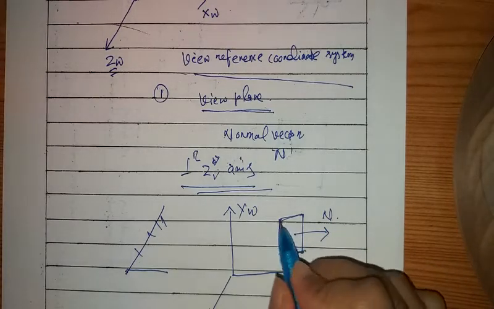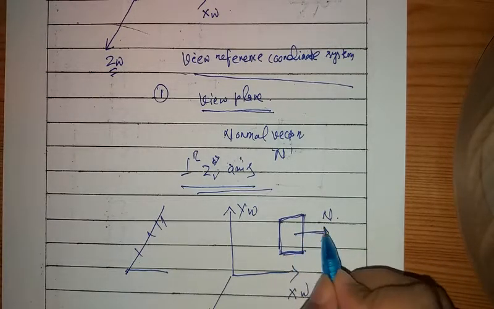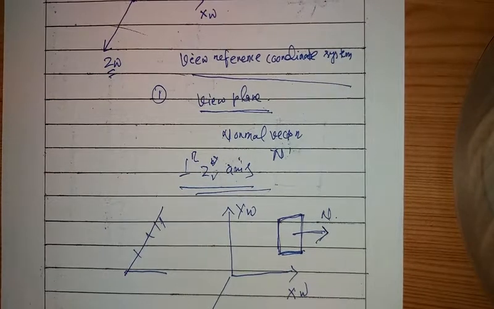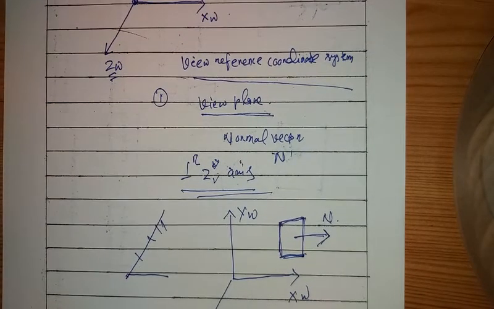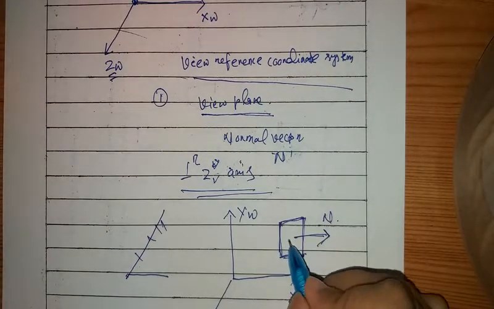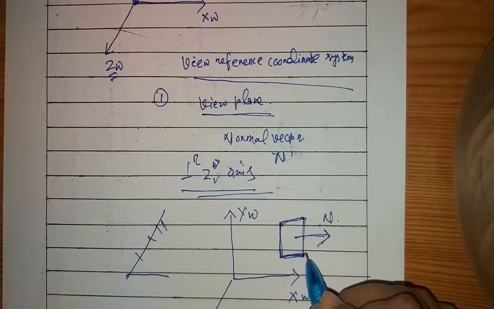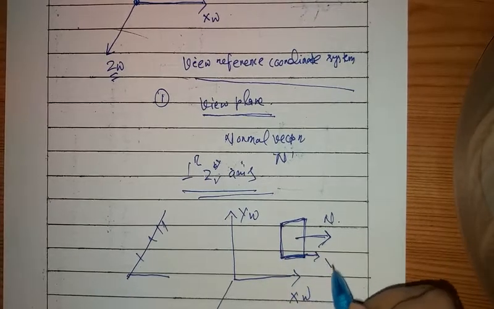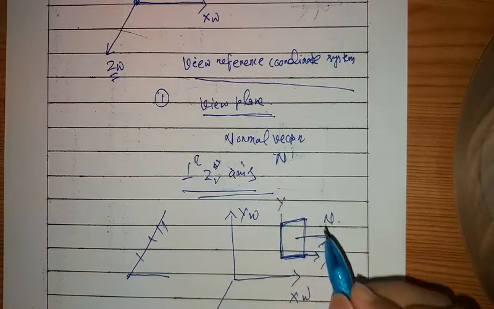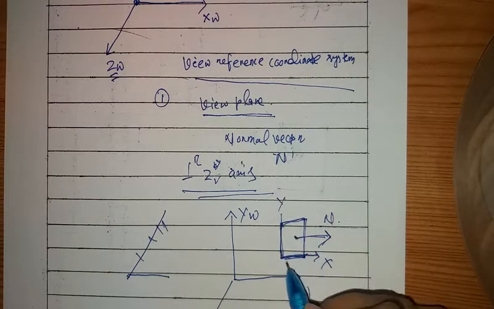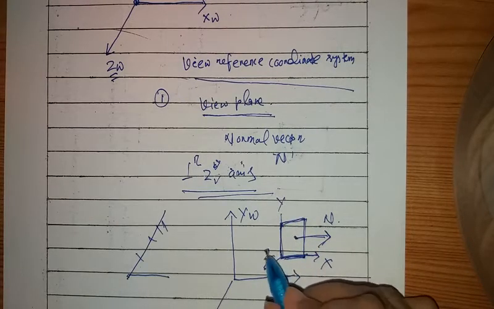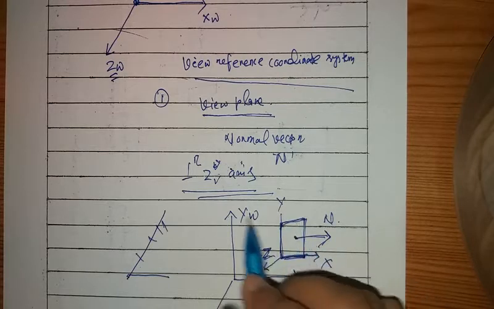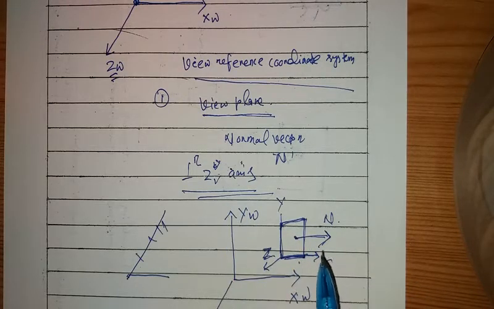This is the view plane. That is the normal vector. Now if you see this plane, suppose this is the x-axis, this is the y-axis, right? And this is the z-axis. Usually the normal should be perpendicular to the plane, along the z-axis.